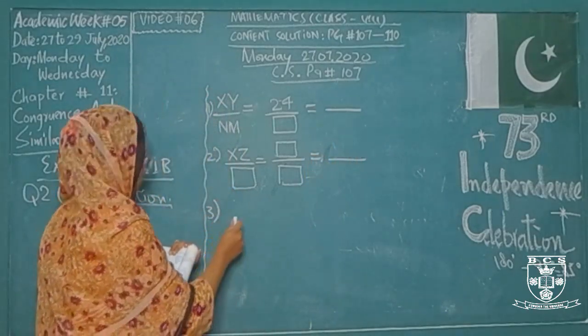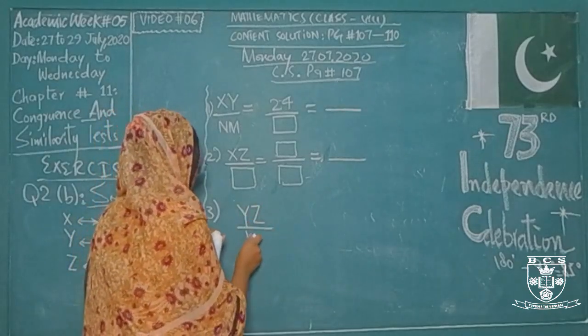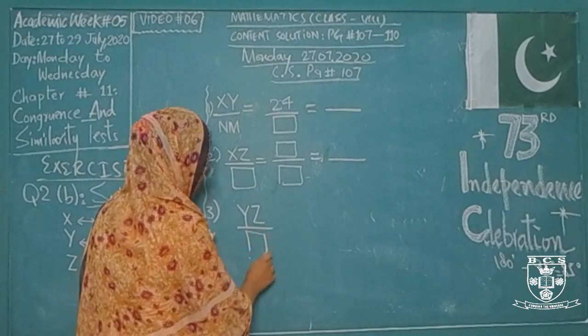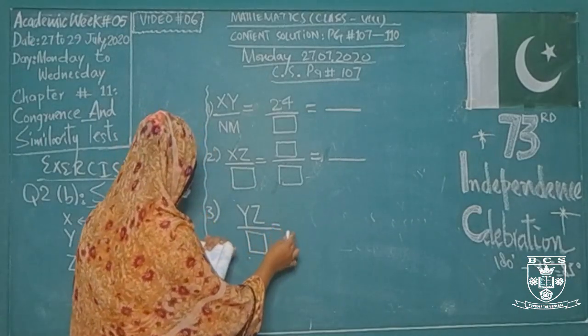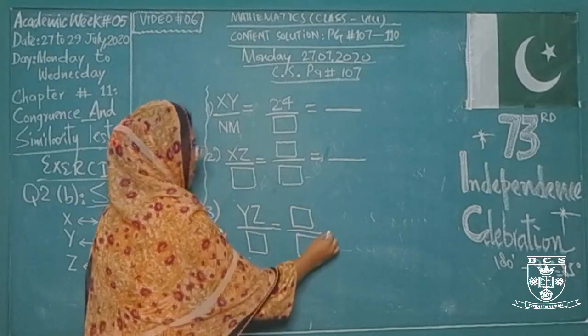Third one, YZ divided by box, and right after that again a missing fraction.